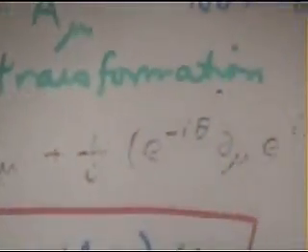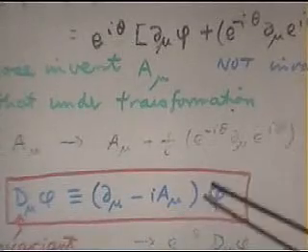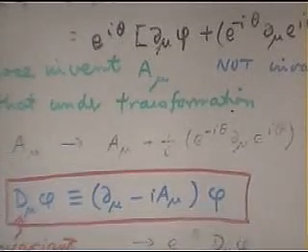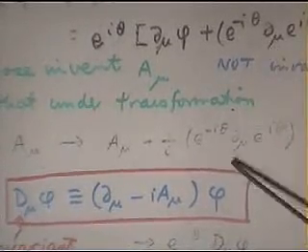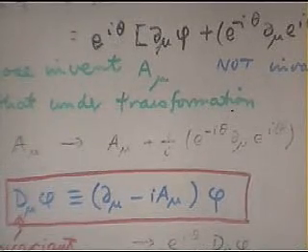Then if I form this combination, D mu phi has this extra stuff, but if A mu also transforms by this extra stuff, then in this combination the extra stuff would cancel out, and this becomes e to the i theta D mu phi.